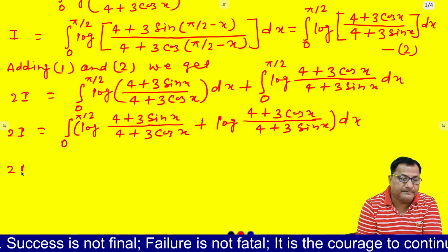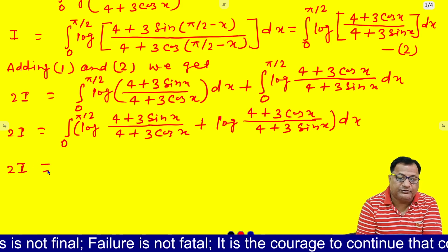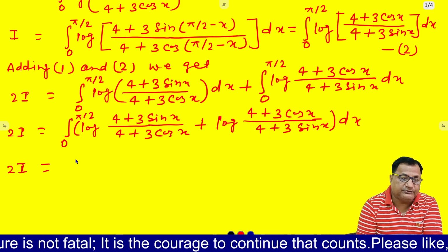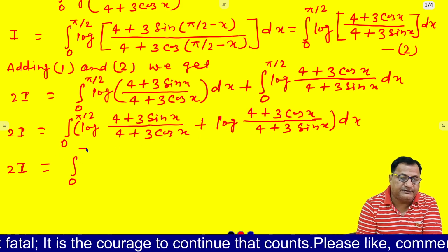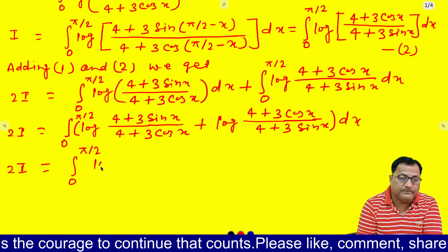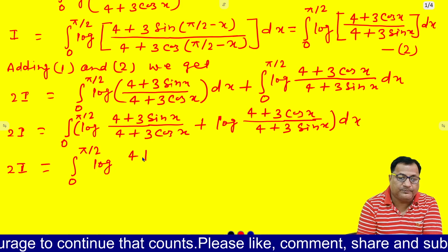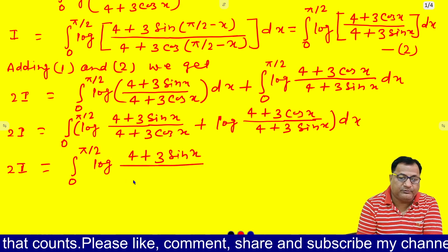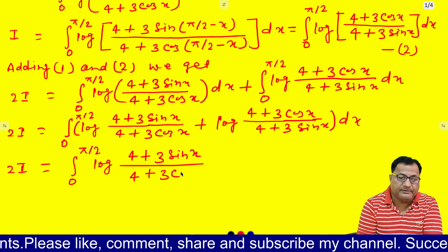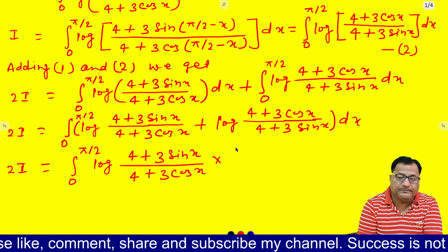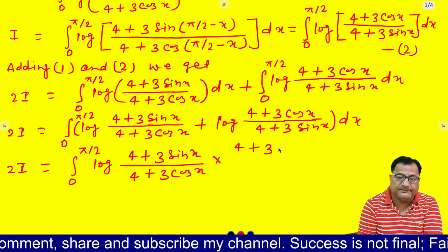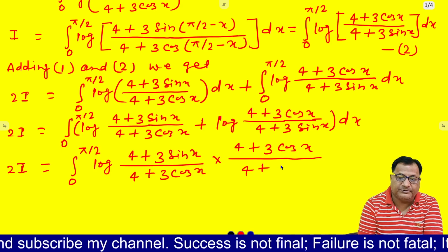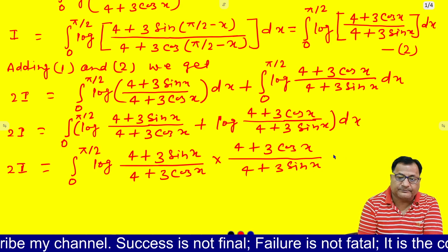2I equal to, using the formula log m plus log n equals log mn, by that formula we will write this as log of (4 plus 3 sin x) divided by (4 plus 3 cos x) into (4 plus 3 cos x) by (4 plus 3 sin x) dx.